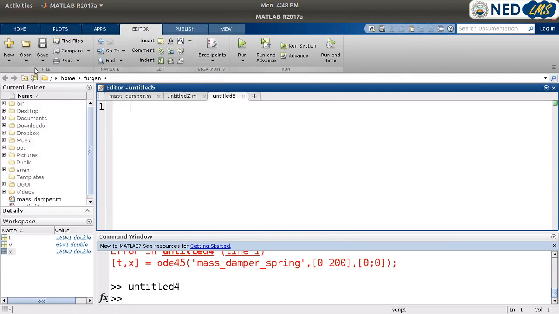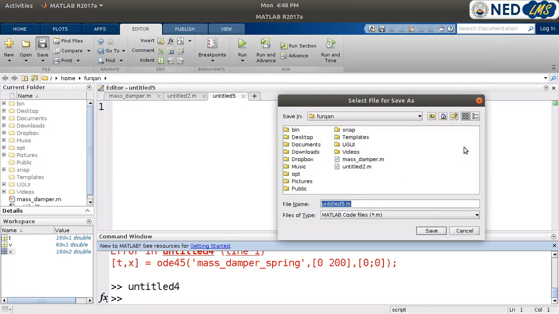So I'm writing it. First, save the script, like mass damper spring, as we have all three elements. The name of the file is up to you.